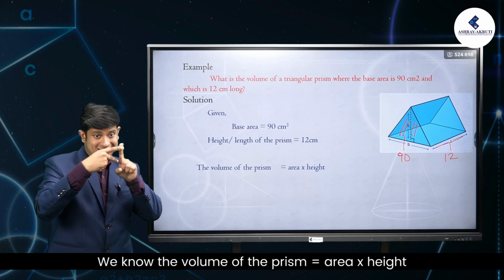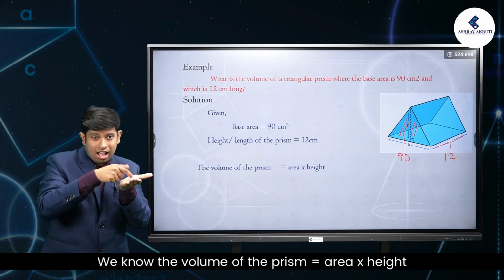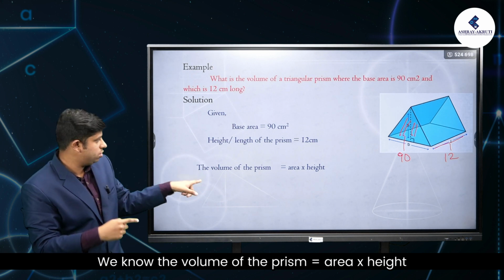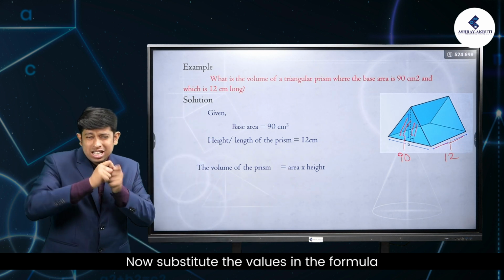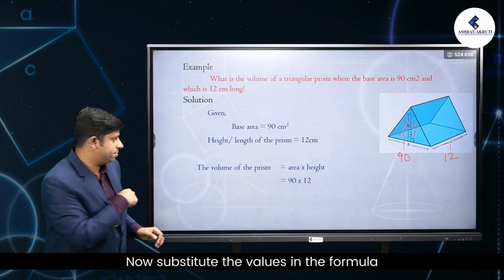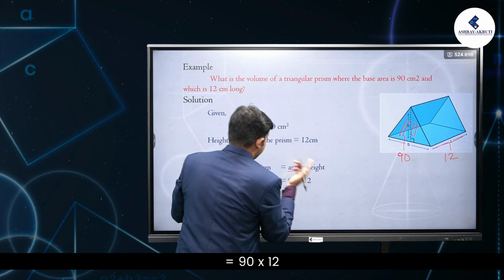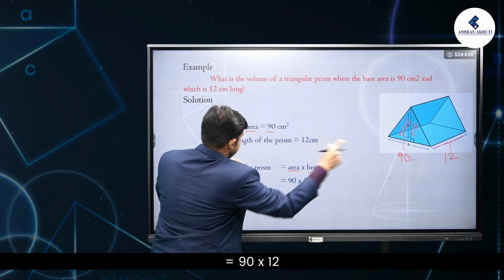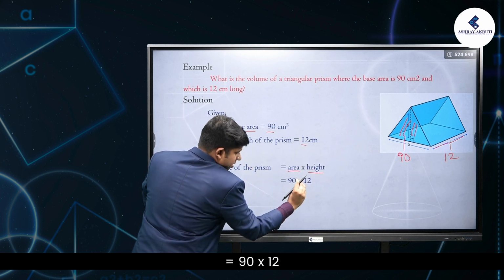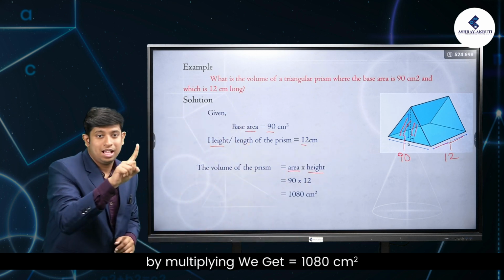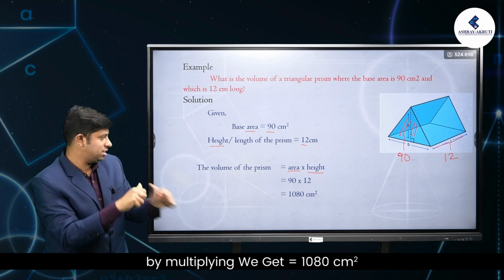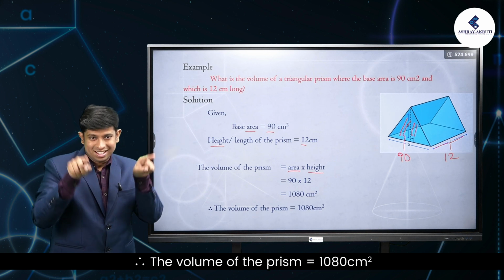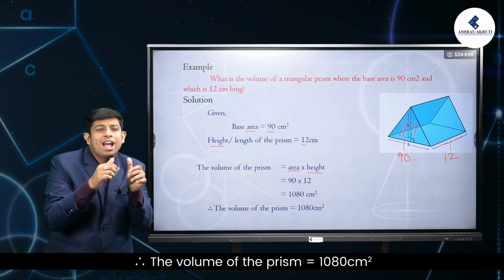We know the volume of the prism is equal to area into height. Now substitute the values in the formula, that is 90 into 12. By multiplying we get 1080 cm square. Therefore, the volume of the prism is equal to 1080 cm square.